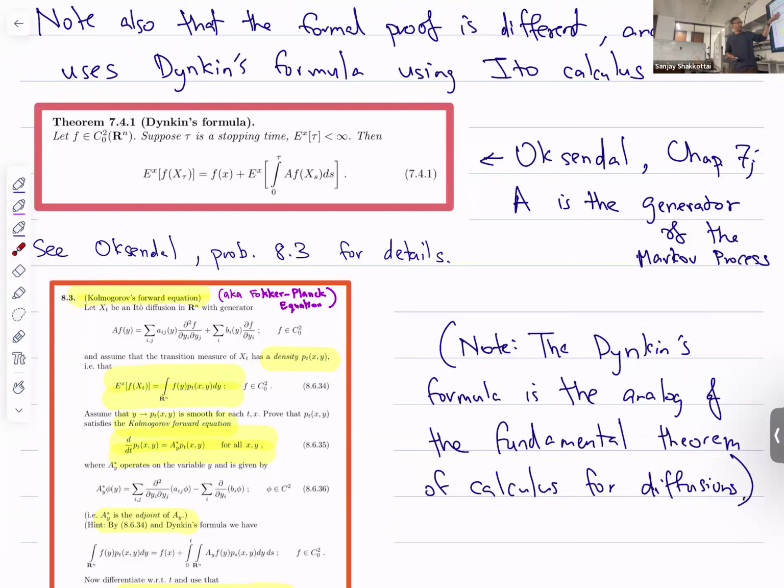So this says that the expected value of F of X at some stopping time tau equals F of X plus the expected value of some integral from 0 to tau of A applied to F, where A is the generator of the Markov process. So you go through that, and then go through something called the adjoint equation for that. You'll get Dynkin's, and you'll get Fokker-Planck. But with the extra assumptions, I think this is more transparent for us to just see what is going on, where all these terms are coming from.